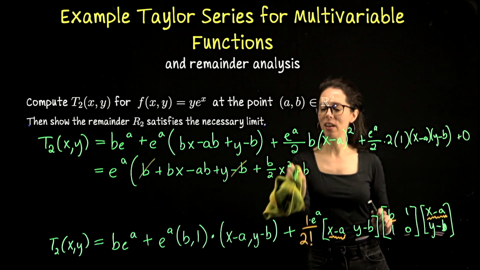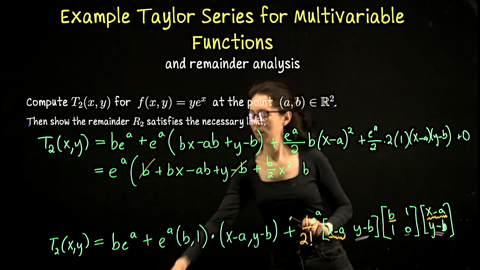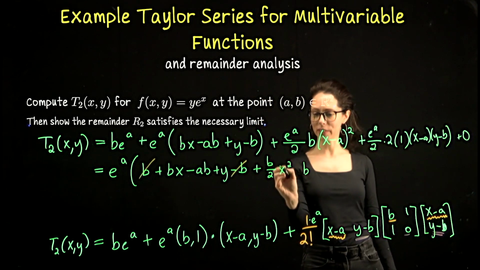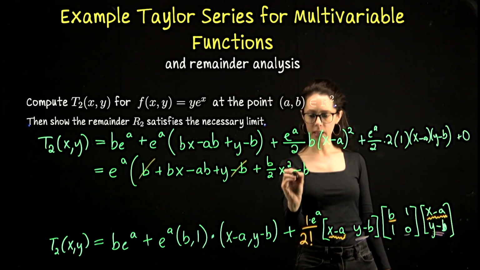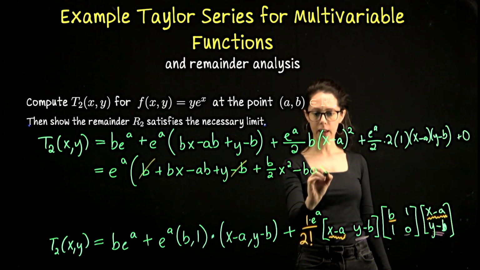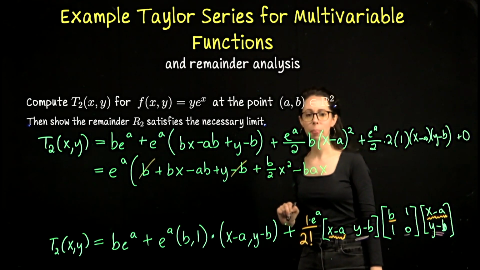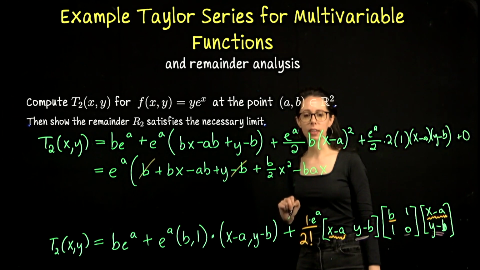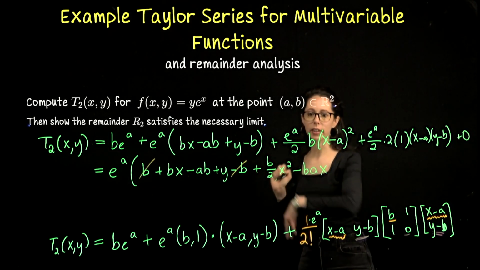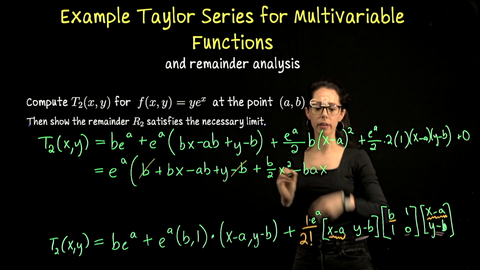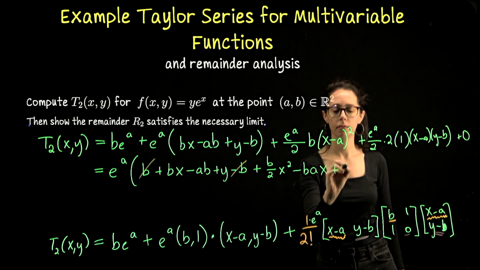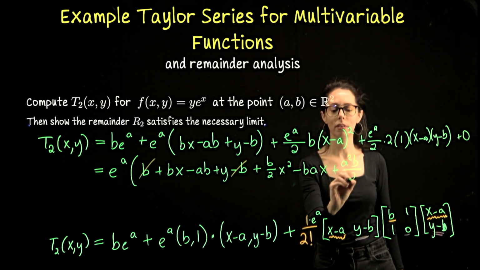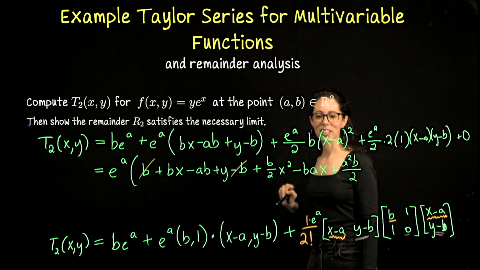I have this written down over there, so I will check myself at the answer. Minus b a x, I think that's right. And then plus, e to the a, no, that got factored out, b over 2 times a squared. Okay. Yeah, that seems right.